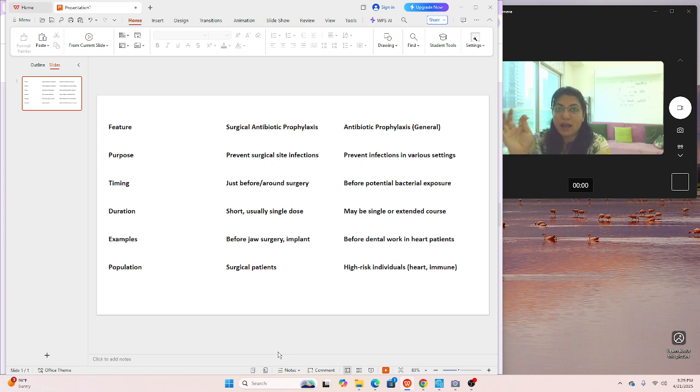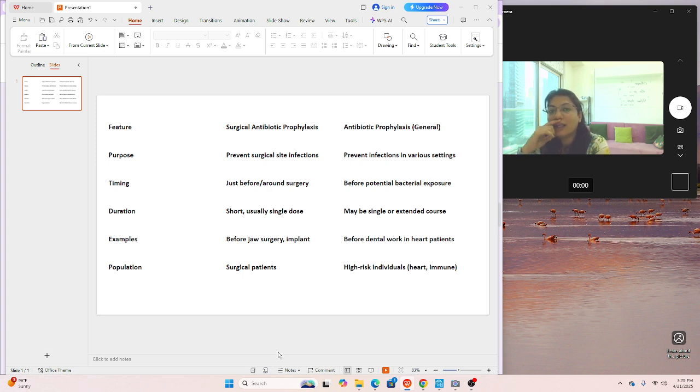Now, I'm doing a third molar surgery, a very complicated one, in a healthy individual, which will require a lot of bone drilling. Would I be giving surgical antibiotic prophylaxis or antibiotic prophylaxis? I would be giving a surgical antibiotic prophylaxis. Now see, listen to my question, how I'm going to trick you.